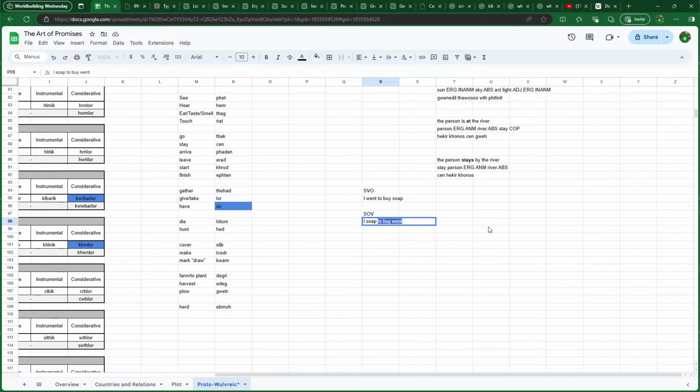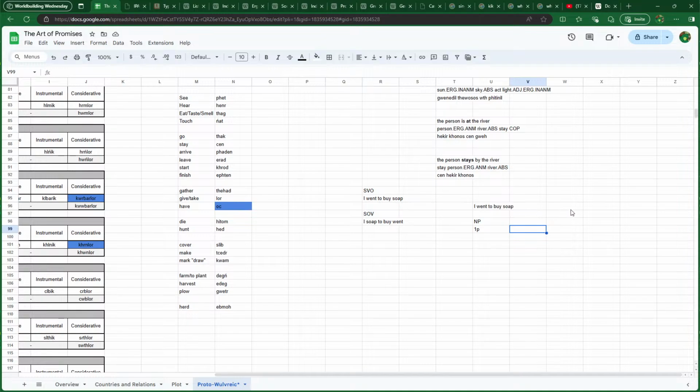Right? Hold on, let's break this down. So we've got our sentence. I went to buy soap. So we've got our noun phrase, that is I, or we'll just write this as 1P, the first person. Next, we have went to.